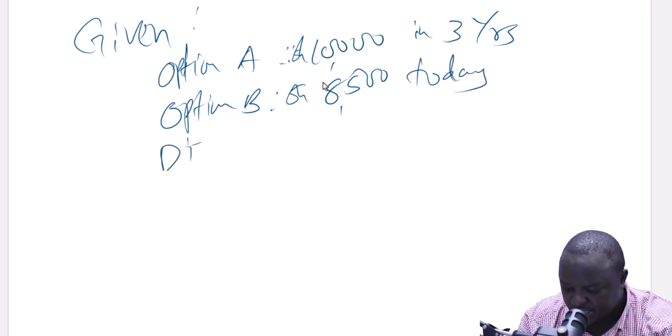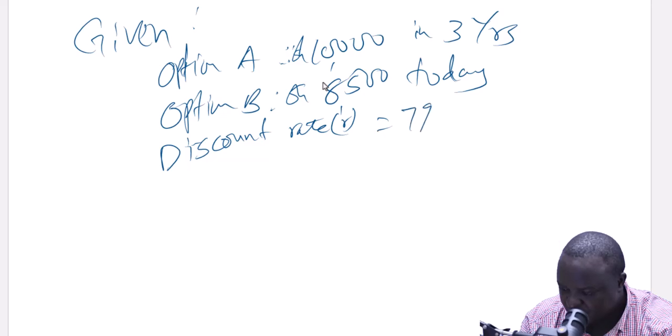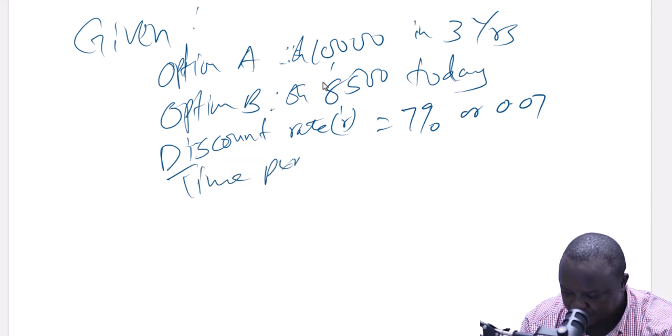So the discount rate we have been told is 7%, or 0.07. The time period we have been told is 3 years.